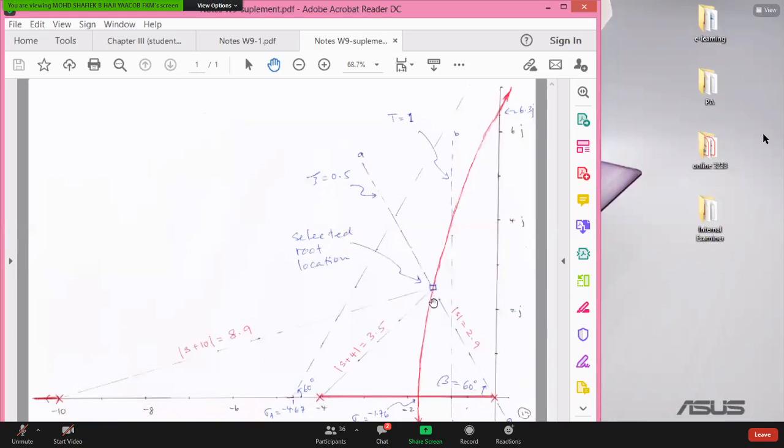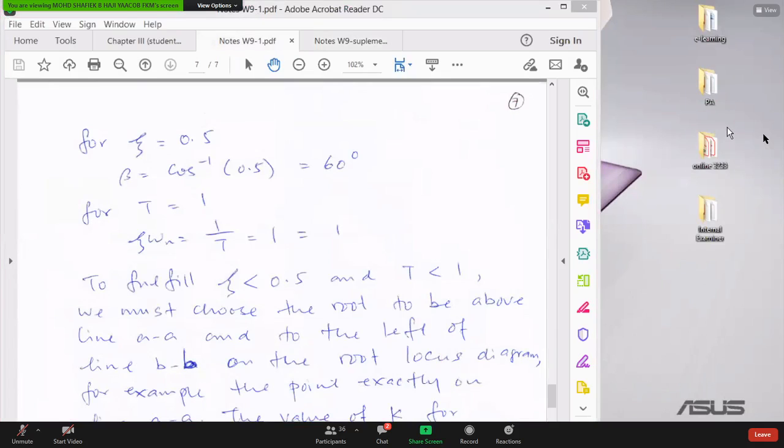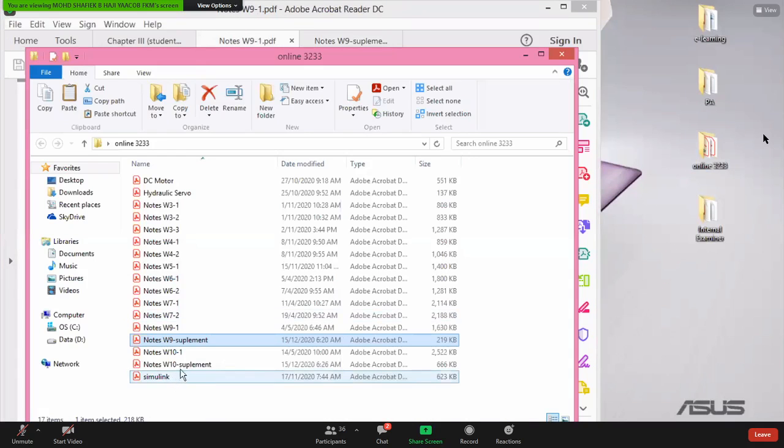Every point on the locus must satisfy the magnitude criterion. Do you still remember what the magnitude criterion is? Let's go back.